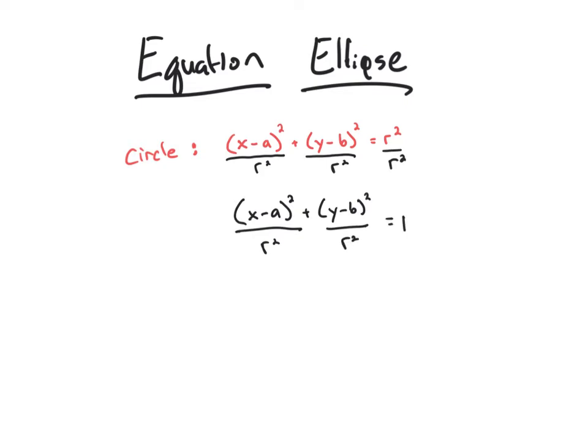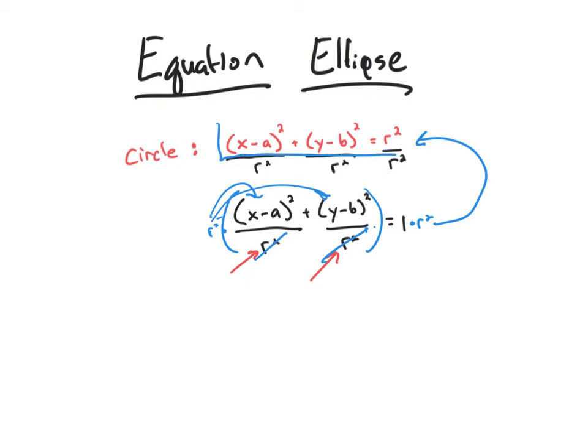Notice that the numbers on the bottom of each fraction would be the same, hence a circle. We never just leave it like that. What we end up doing is multiplying by radius squared, so that goes all the way across and cancels those. Hence, the formula gets back to this right here. All right, so that's the idea of a circle.